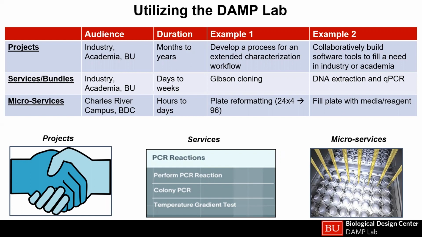Someone just at the floor up could come down and have their 24-well plates. They hand them off to us and we'll put them in a 96-well plate and give them back a report of what's what and how to keep track of that. Services and bundles, examples of those are cloning or simple things, DNA extraction and qPCR, things that should be kind of the Taco Bell menu items.